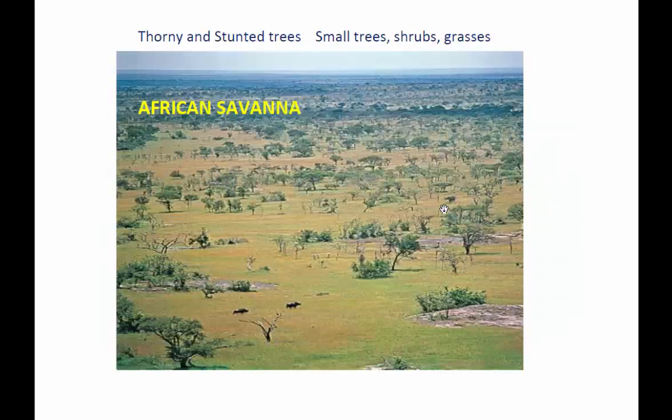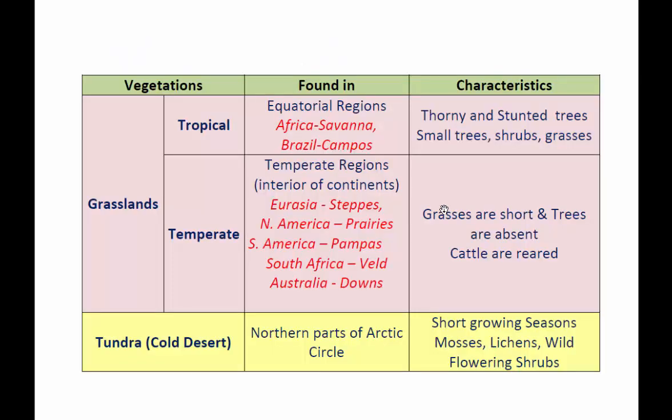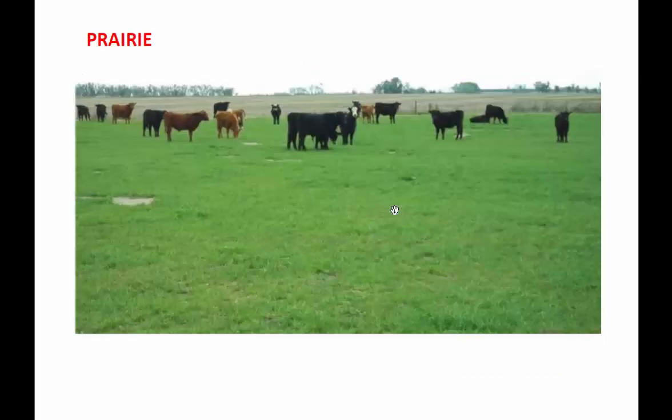So these are some of the important grasslands. In prairie you can see almost no trees and a lot of grasses, which are very good for rearing cattle. Most of the people around this region live on livestock. They rear cattle, sheep, goats, etc.